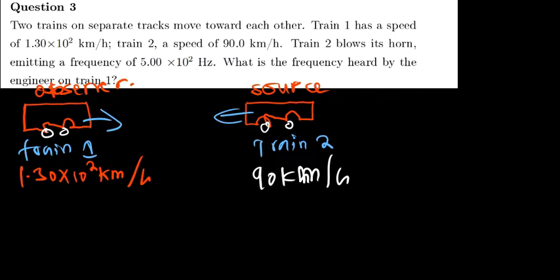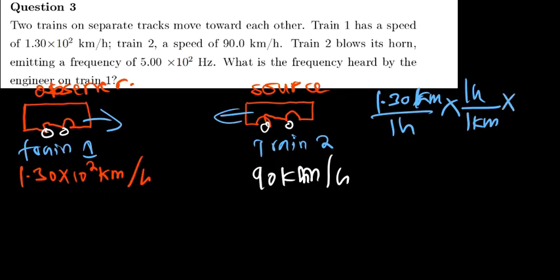So I'm going to start with the one for 1.3 times 10 to the power 2. I'll say 1.3 times 10 to the power 2 kilometers in 1 hour. In 1 kilometer we have got 1000 meters, and in 1 hour we have got 3600 seconds.